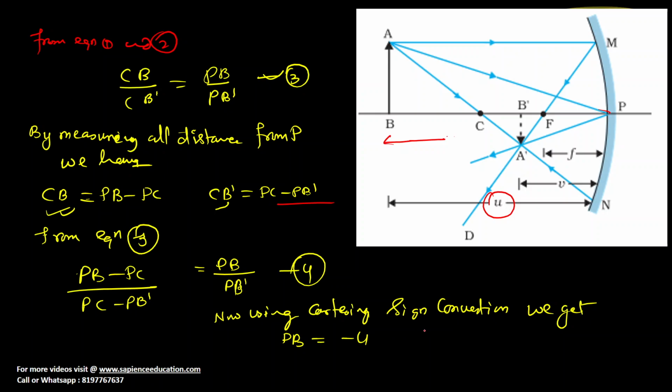After that, PC is equal to minus R, and PB dash is equal to minus V. So we need to put all the values in this.